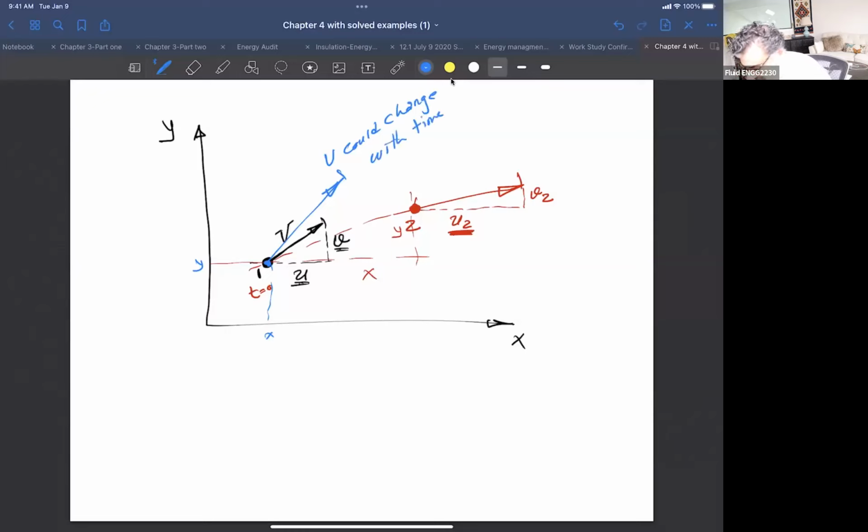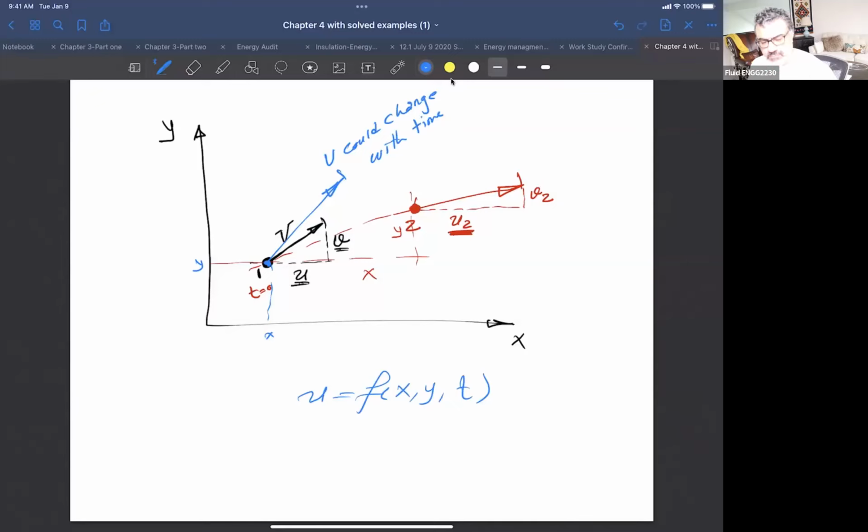Which means that u could be a function of x, y, and t, if I'm talking about only a planar type of analysis. Of course, if it's 3-dimensional, it's going to be a function of x, y, z, and t.